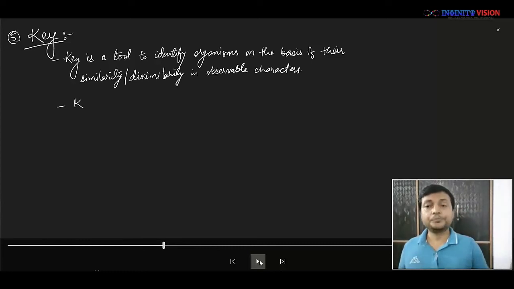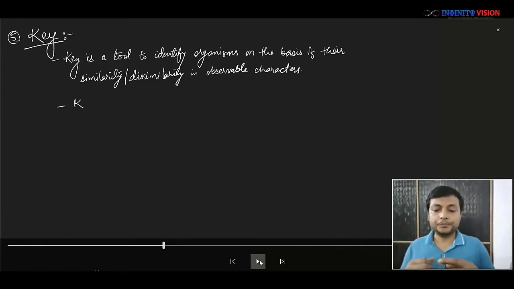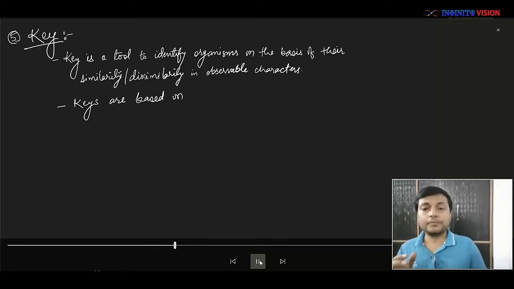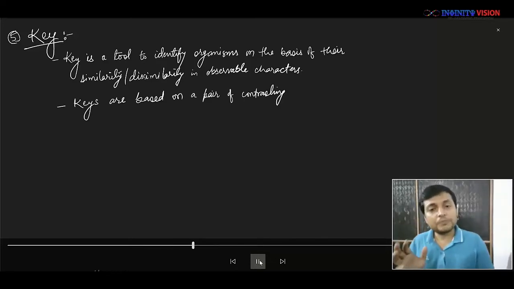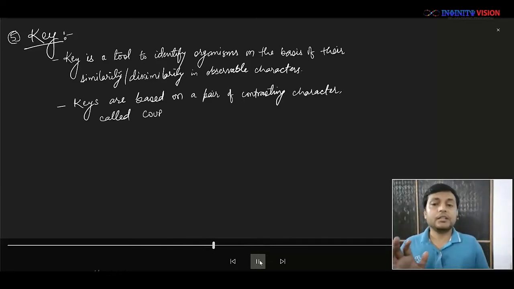Mostly when we do numerical taxonomy, then we use key. Key helps in that, and this key is generated on the basis of a pair of contrasting characters which are known as couplets.